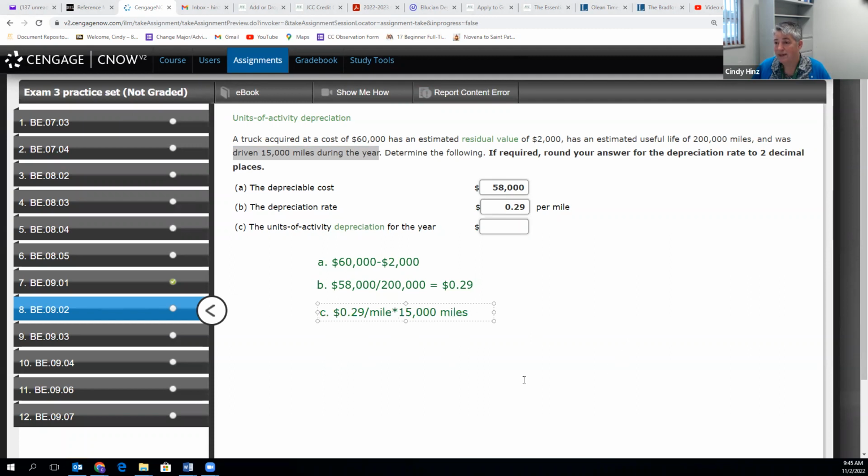And that's the part, as I said, we can't know in advance how much we're going to use it. We can project, but we have to then verify that by checking the odometer or however else we're measuring the usefulness of this asset. And so 29 cents per mile times 15,000 miles. In the year that we drive it 15,000 miles, we would record $4,350 in depreciation expense.